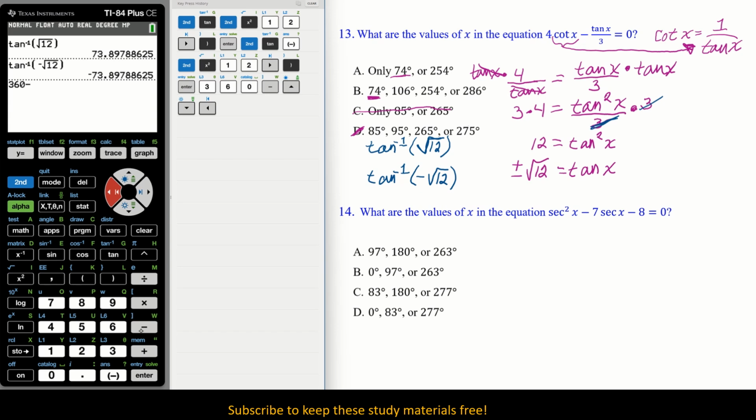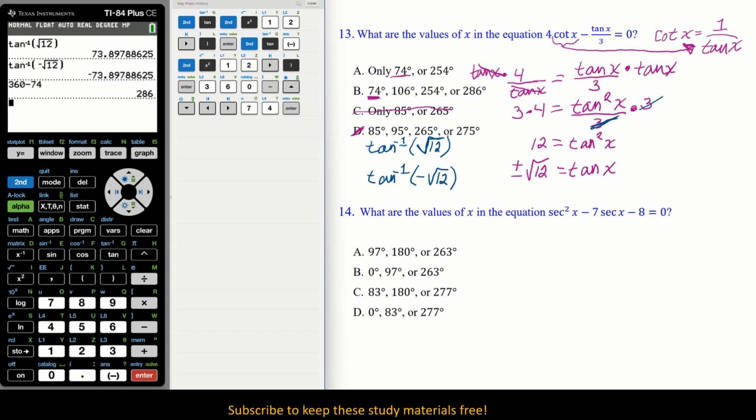That would mess stuff up though. Let's just use the 74. That gives us a negative 73.89. What happens is we're having to subtract and the negative's already there, and that's just not how it works. It kind of defies what we're trying to achieve.